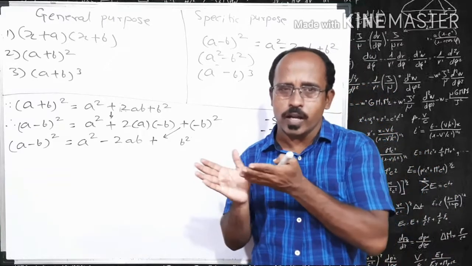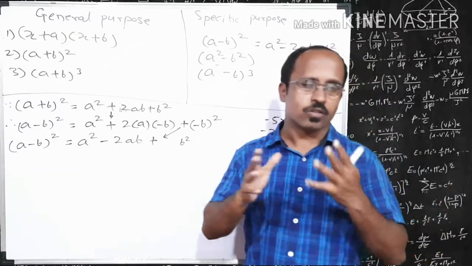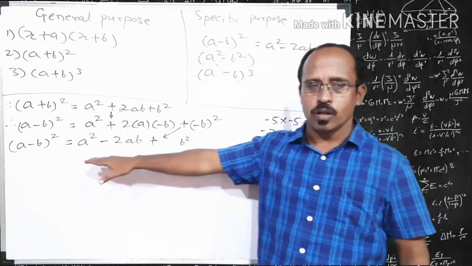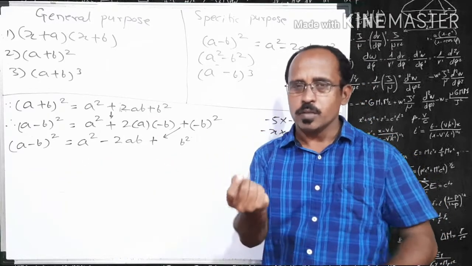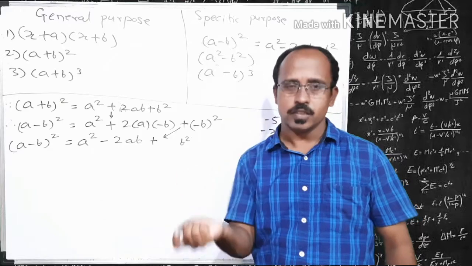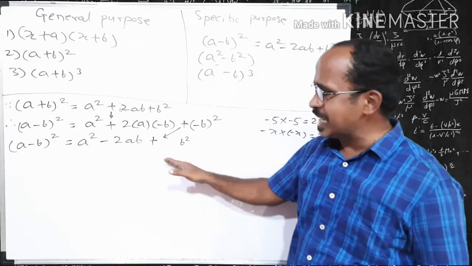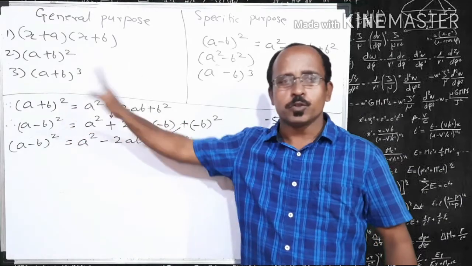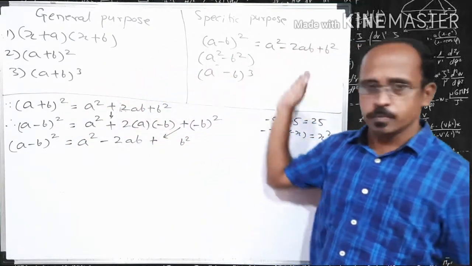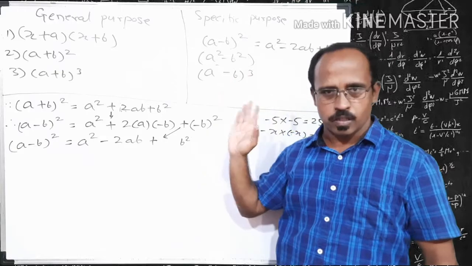And formulas do not have any context or story. So only minor difference is there, and if that difference is missed, then student get confused. So in that case, this may be the useful approach to derive the specific purpose formula from general purpose formula.